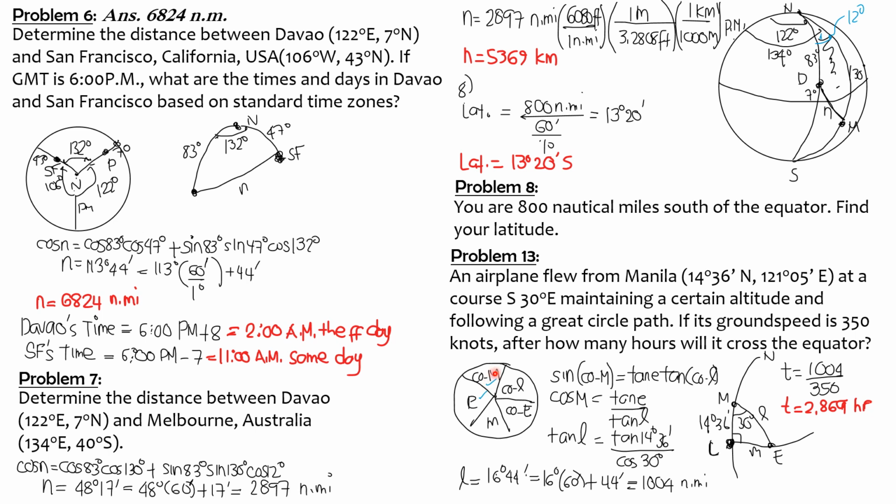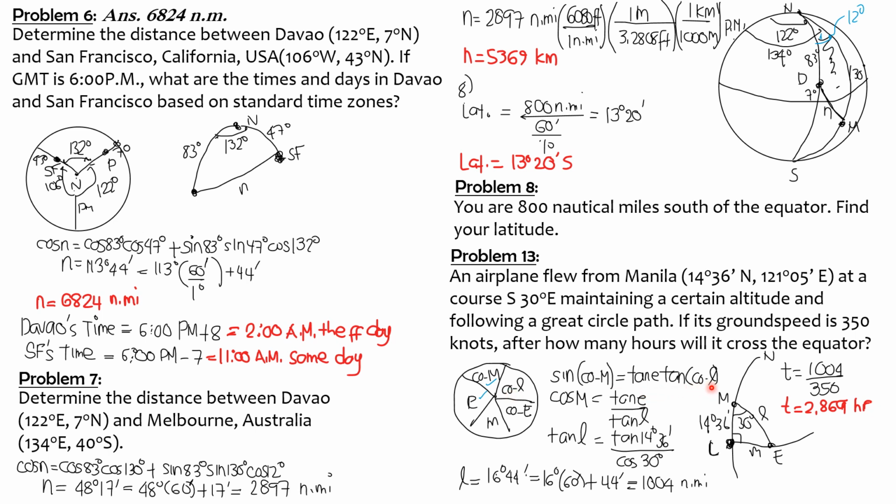M and E are given, 30 degrees and 14 degrees 36 minutes, and we're looking for L. These three elements are adjacent to each other, so we apply the sin tan ad rule. The sine of the middle part, which is co-M, equals the tangent of the adjacent parts: tangent of E, then tangent of complement of L. So sine of complement of M equals tangent of E times tangent of complement of L.